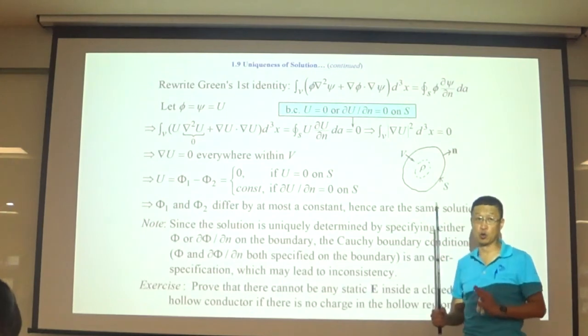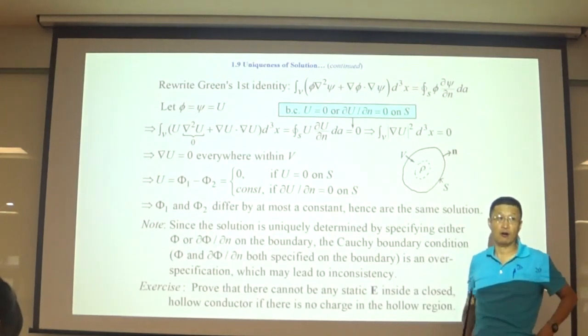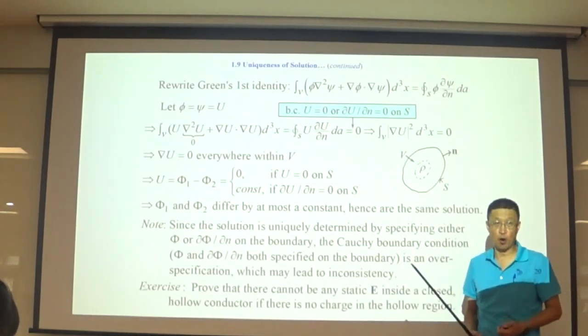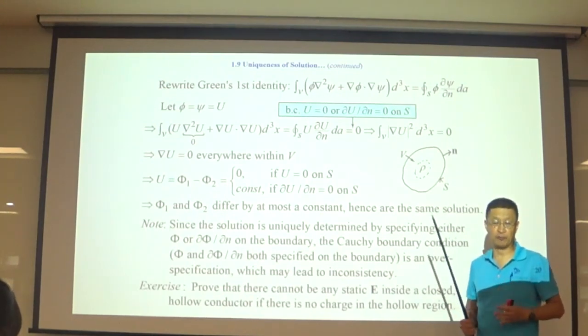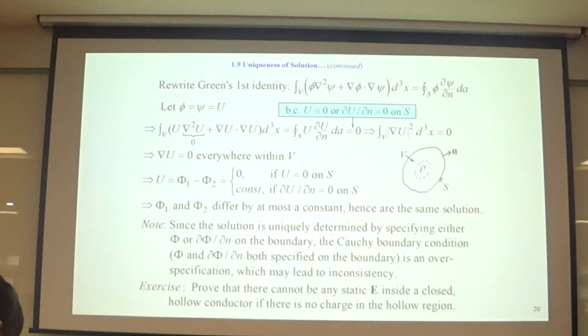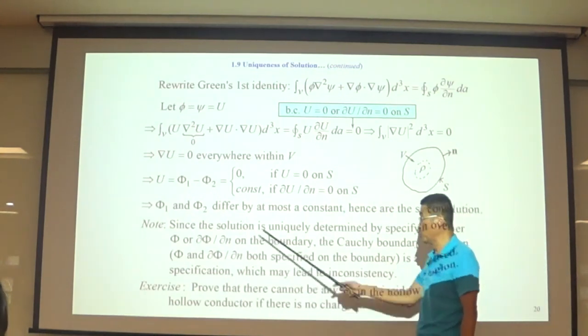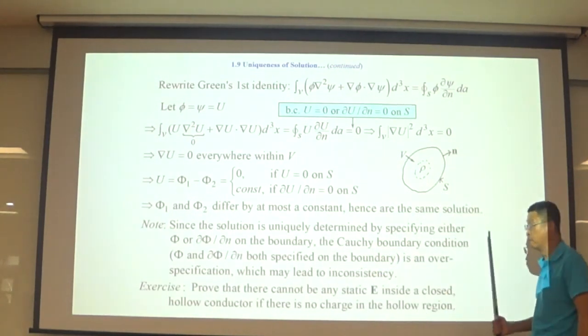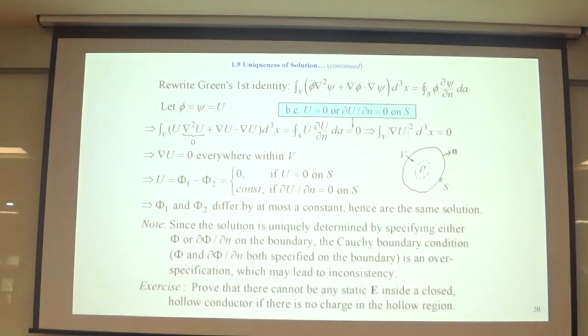Much easier to control from the user's viewpoint. So phi 1 and phi 2 differ by at most a constant. Actually, if we use Dirichlet boundary condition, they should be exactly the same.